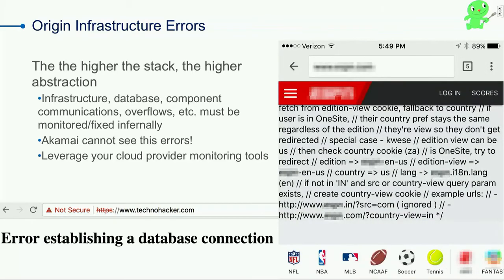Or this is actually me. This is a site I visit often, and I got this error. For my client, for my phone, for Akamai, this was a 200 response. Everything looks good. But there was an application error somehow that is exposing some of the code. So Akamai is not a good use case for this specific failover because it's on a different layer.